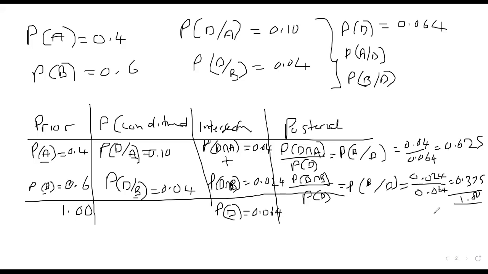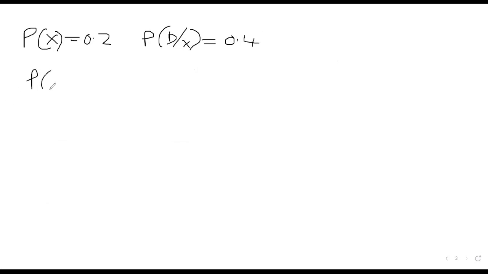So let's go through another mini example. Suppose that the probability of X is 0.2, probability of D coming from X is 0.4. Probability of Y is 0.8. Probability of D coming from Y is 0.1.